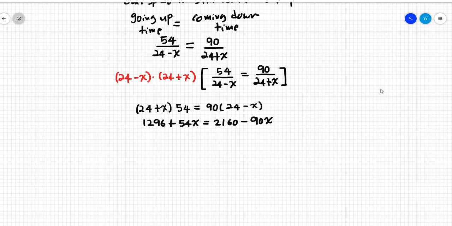Okay? So we're going to add 90x on both sides here. So then I have 1296 plus 144x, and I have a 2160. Now we're going to subtract the 1296.